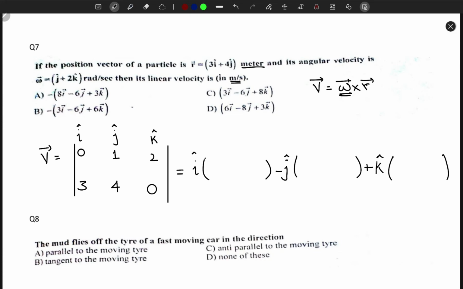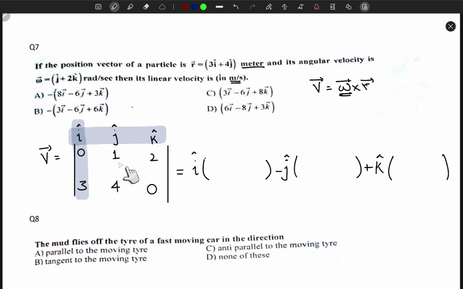Now, to write down these components for i hat, all I have to do is forget about this part and this part, right? So we'll ignore all of these and then we'll compute the determinant of what's left. So that's 1, 2, 4, 0. So what's the determinant over here?